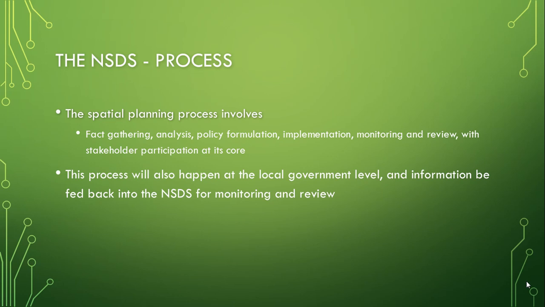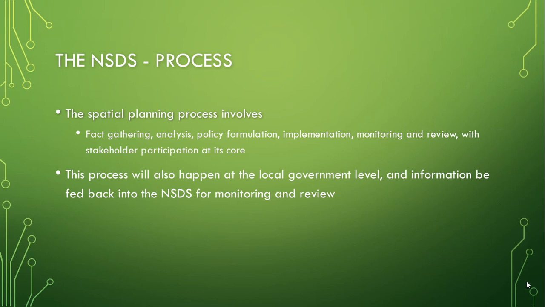This gives you an understanding of what is really happening out there in the environment or within your nation. Your findings from your analysis will inform the development of any policies that you have. Once you have a policy or guidelines for development in place, the next step is implementation. As we mentioned before, one of the things that you would need in order to facilitate implementation would be legislation.